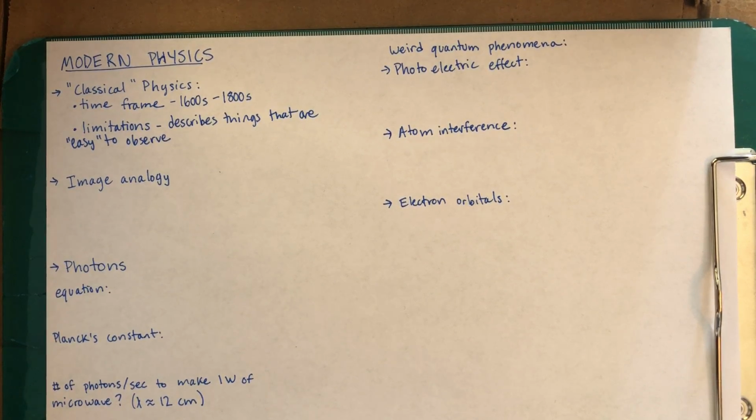But these are things on a fairly large scale, meaning that when we think about an object, we're not thinking about the individual atoms in that object. We're thinking about, okay, this object has a mass of 0.5 kilograms. Obviously, we know that that object is made up of a bunch of little atoms, and each of those atoms has protons and neutrons and electrons, but we think about the object as a whole.